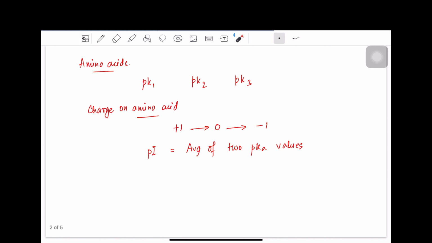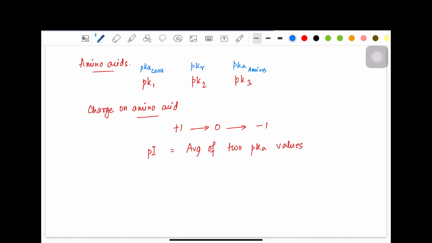This is something we have discussed before, that amino acids which have three pKa values, we can assign them as pK1, pK2 and pK3, or we can also assign them as pKa for the carboxyl group, the pKr, which is the side chain pKa value, and the pKa of the amino group.